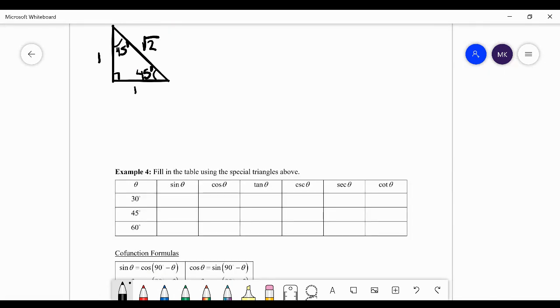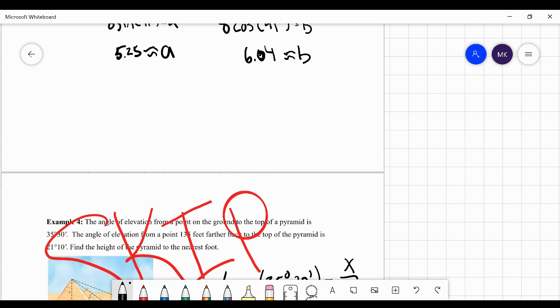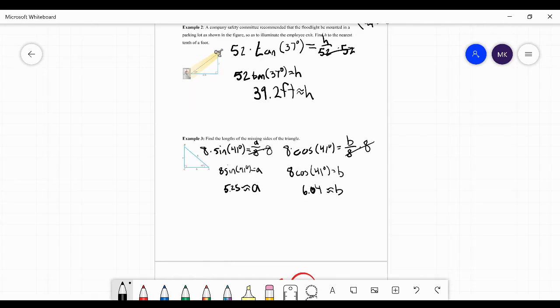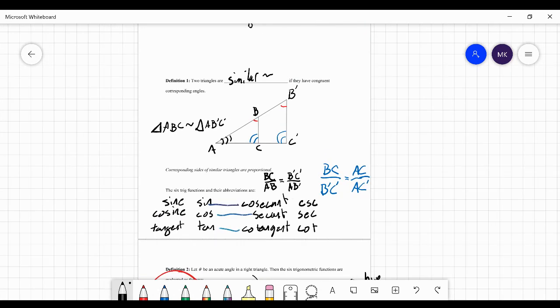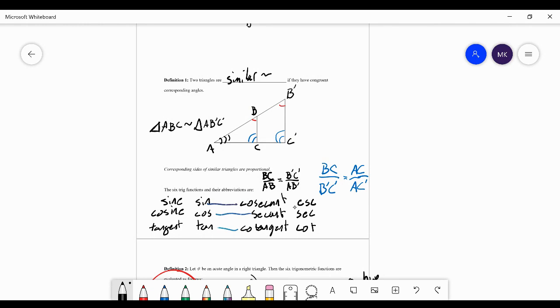What's really cool, if you remember back to the very beginning, let's go all the way back. Let's zoom out a little bit. We talked about these similar triangles, and we said that the ratio of sides was the same no matter what, whether it was the ratio within one triangle or between 2 triangles.